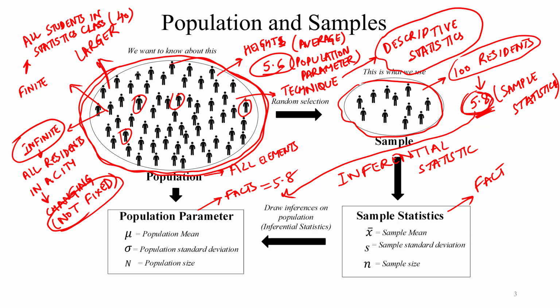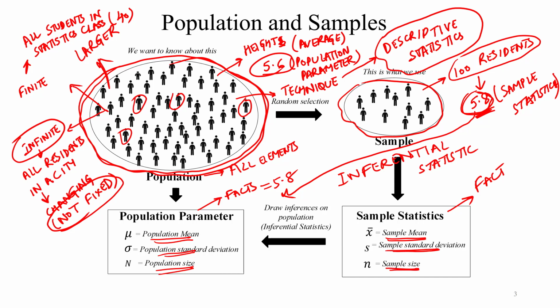In this lecture, some of the facts would be sample mean, sample standard deviation, and sample size. These will be the facts of a sample. The population mean, population standard deviation, and population size would be the population parameters.